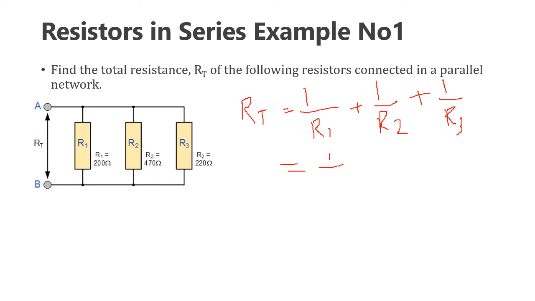Here R1 is 200 ohm, plus 1 upon 470 ohm, plus 1 upon R3, which is 220 ohm.